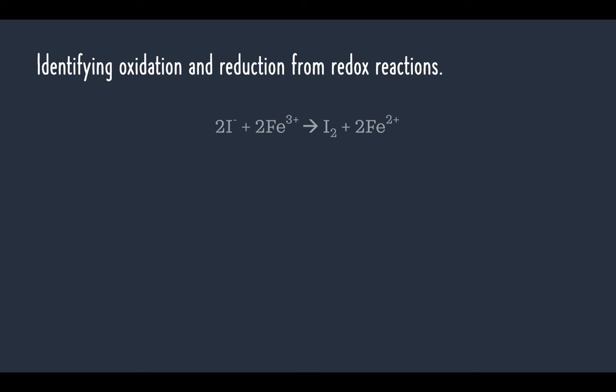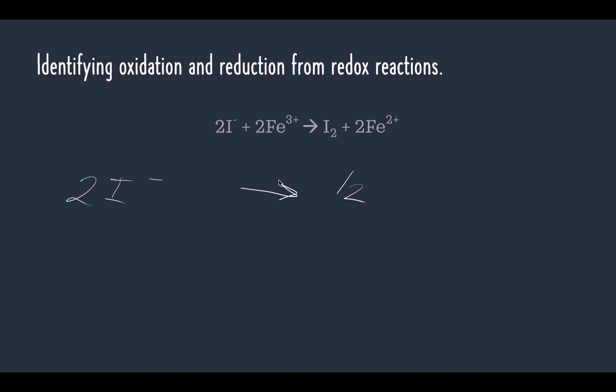Our last reaction is a slightly trickier reaction. What I'm going to do is break this down into just the iodine and just the iron aspects of this. So we have 2 iodide ions, and they are becoming a molecule of iodine.